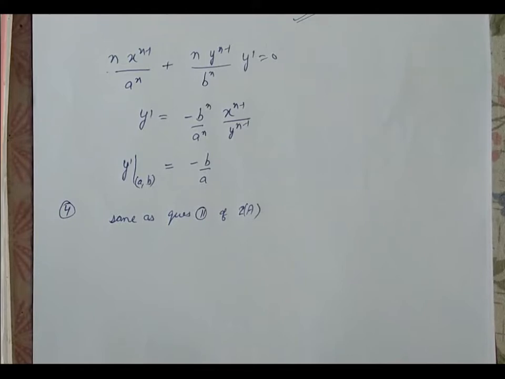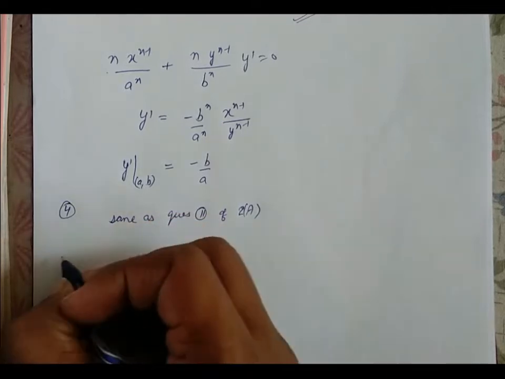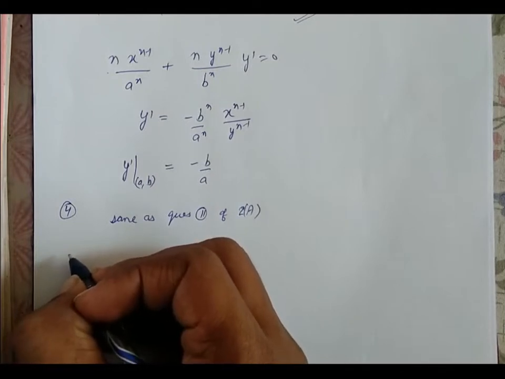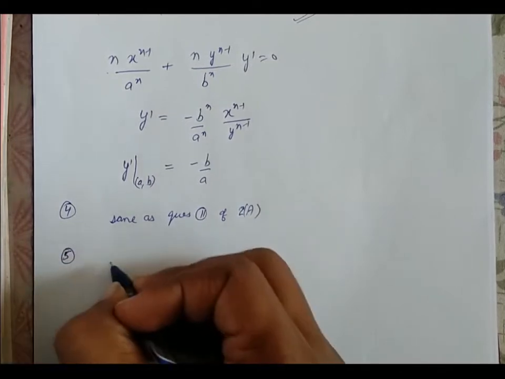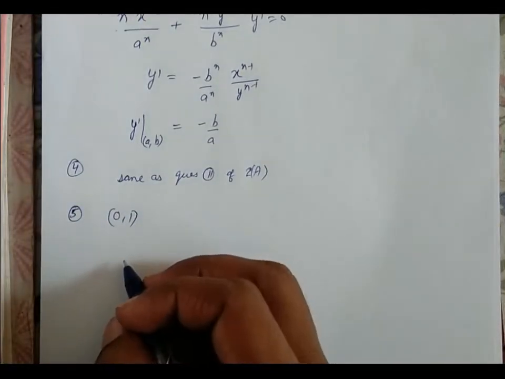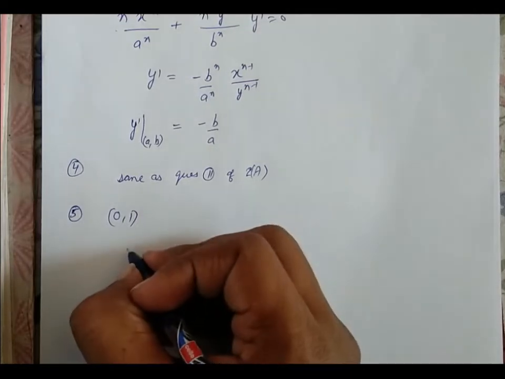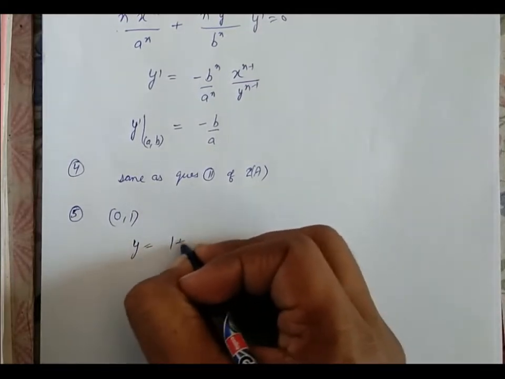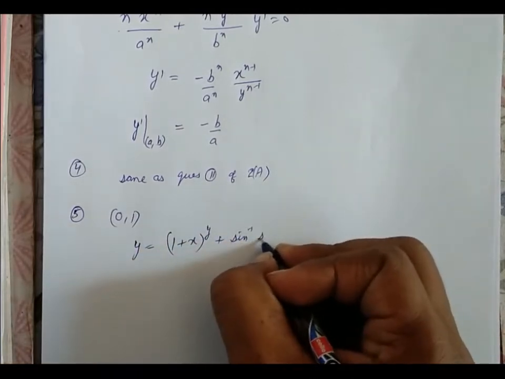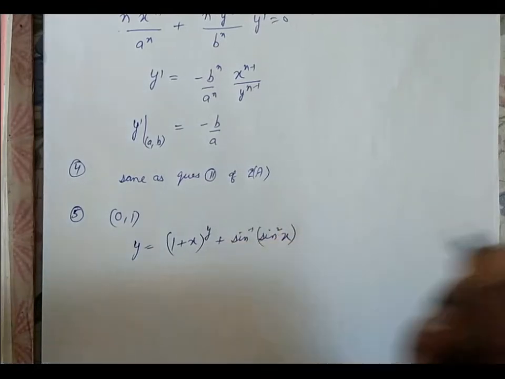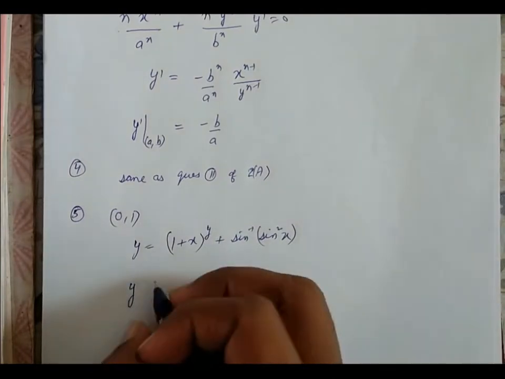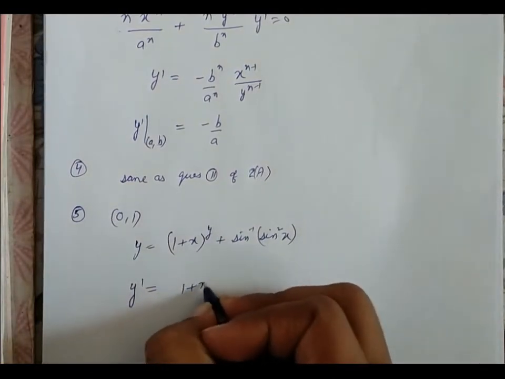Moving on to the next question, question number 5. Find the equation of the normal to the curve at x is equal to 0. So at x is equal to 0, y is equal to 1. Okay, let's calculate y dash first. So y dash is equal to 1 plus x.